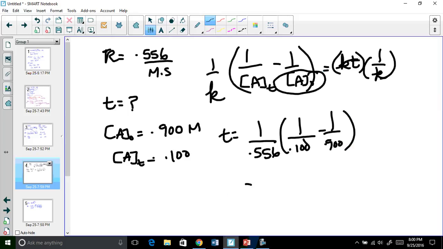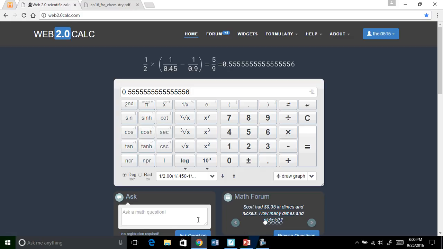And so now we're just going to plug this into the calculator. It's just plug and chug. And so I'm going to hit clear. And this time it's 1 over 0.556 times 1 divided by 0.1 minus 1 divided by 0.9.